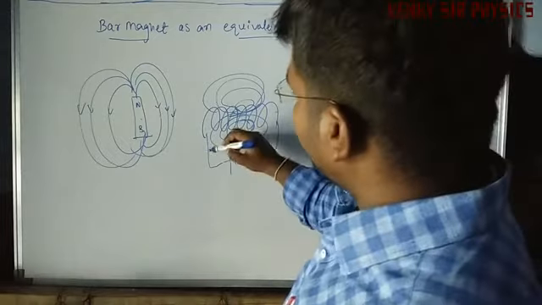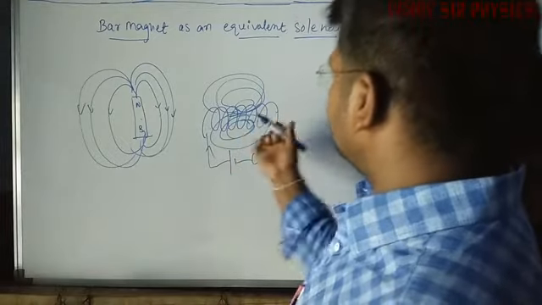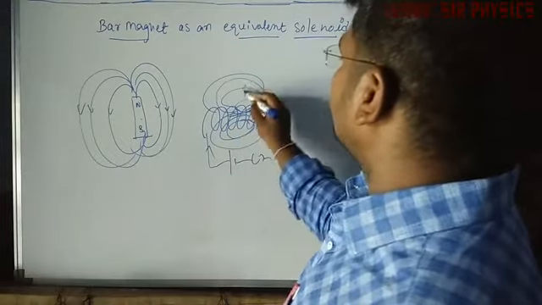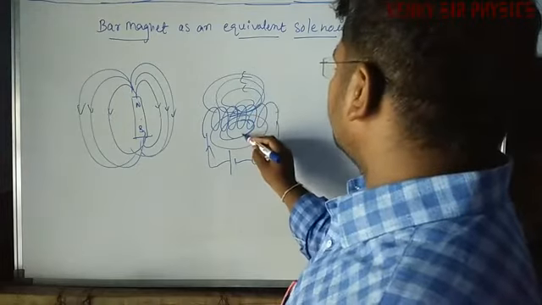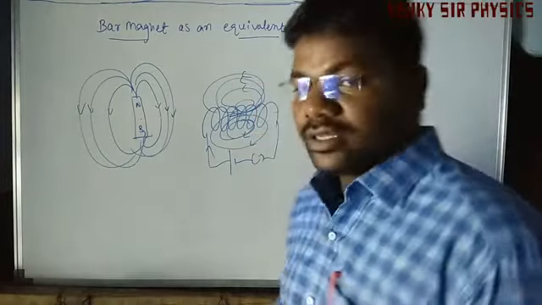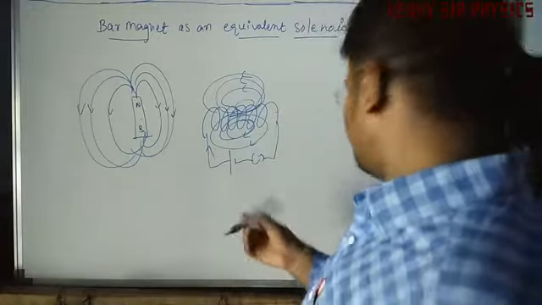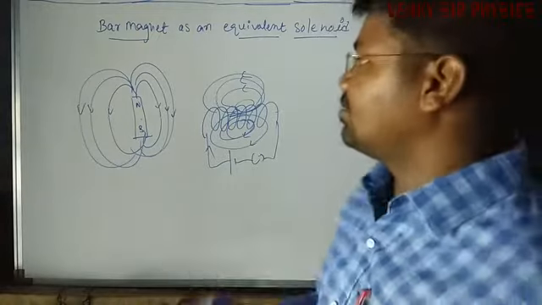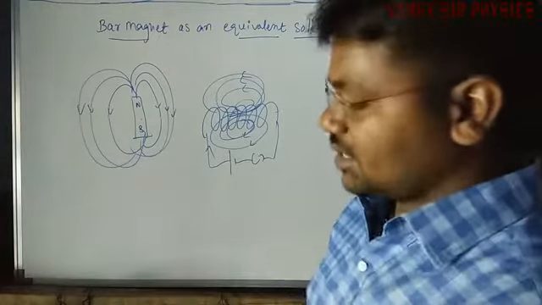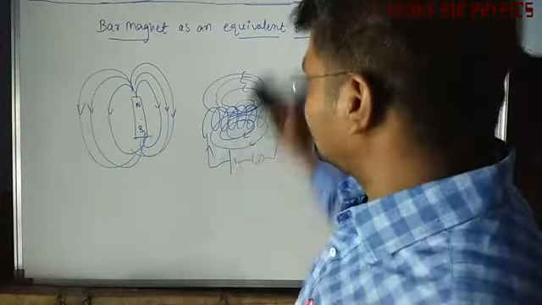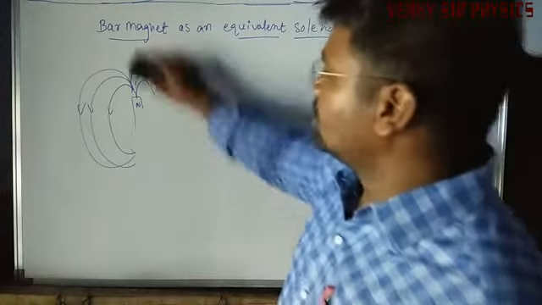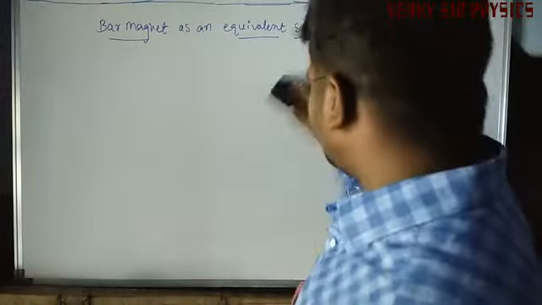If the current passes like this, here is the north pole. So some resemblance is there between a bar magnet and a solenoid. Some common property is there, so we have to study that.